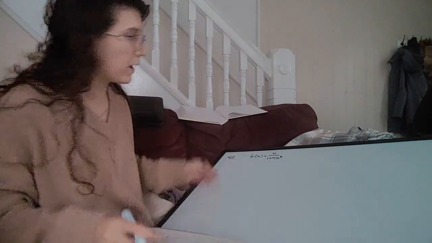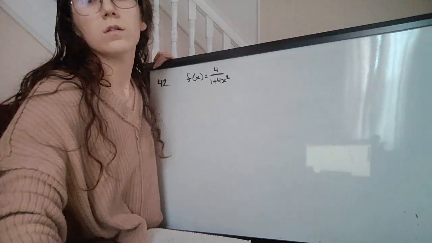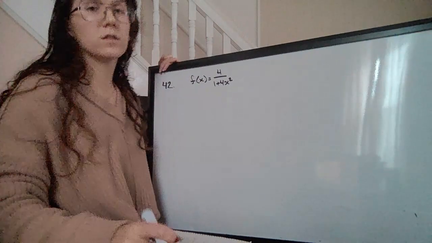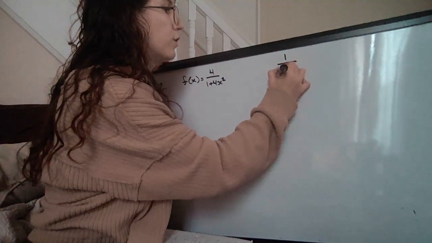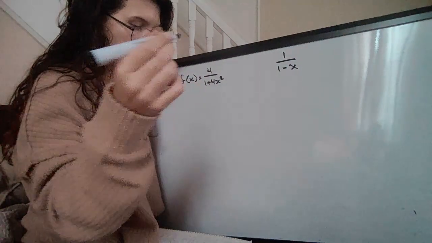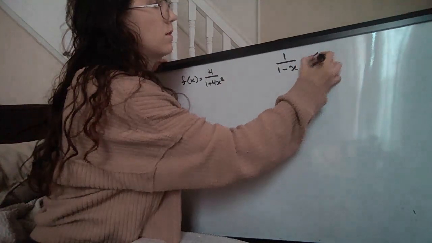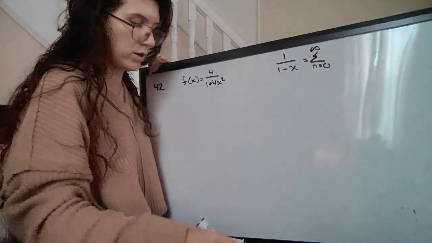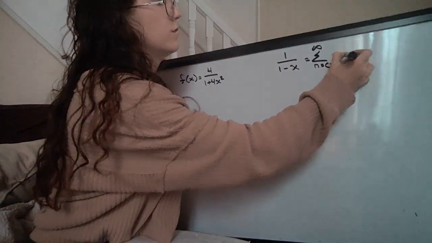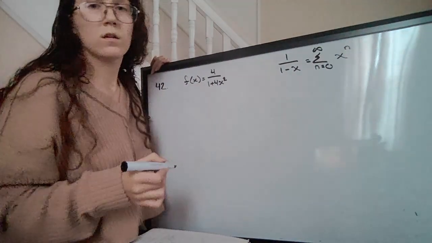So our most standard power series representation that we've been utilizing is 1 over 1 minus x equals the sum as n equals 0 and goes to infinity of x to the n.